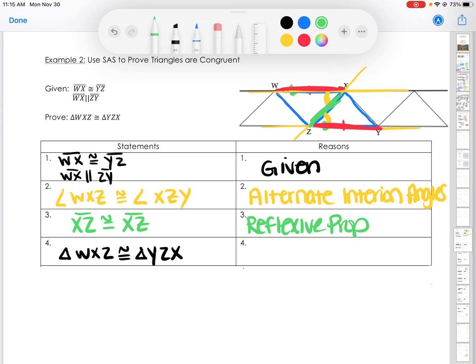So now that we have a side, the angle in between, and another side, we can use the SAS property. And we want to make sure when we're using SAS that we're using the sides that have the angle in between them, which we sure do. We have these two sides and this angle, these two sides and this angle.